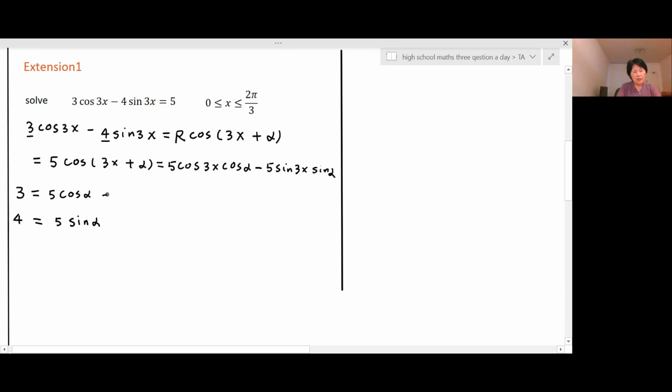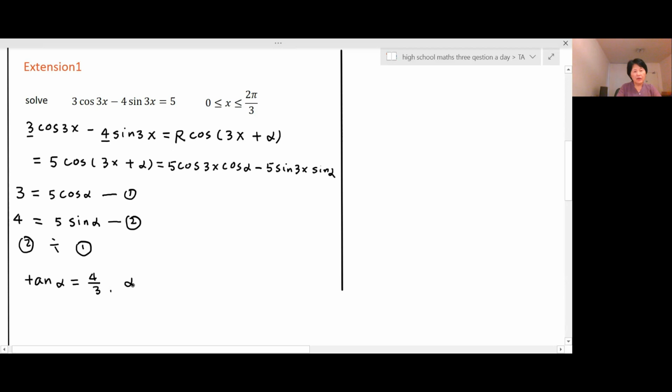So I got this equation 1 and this equation 2. I'm using equation 2 divided by equation 1. What did I get? This side gives tangent alpha. Tangent alpha is equal to 4/3.